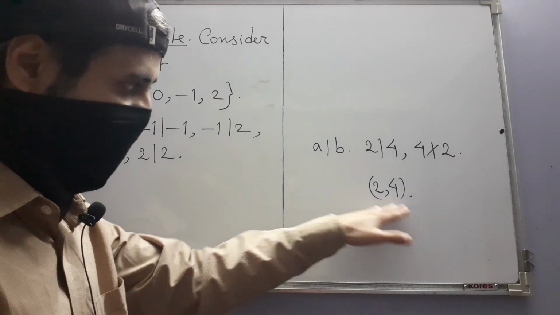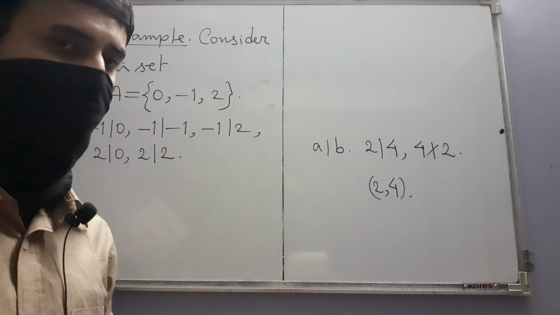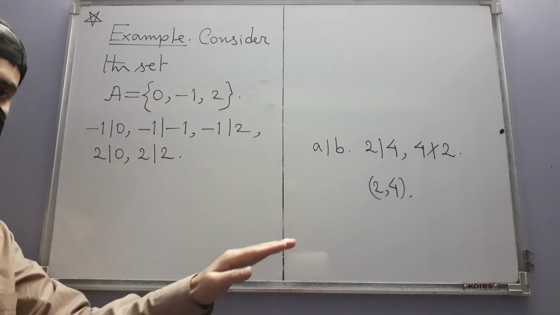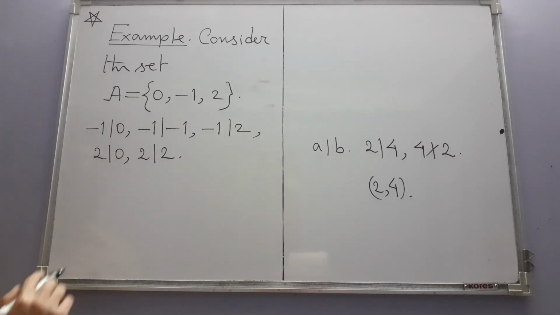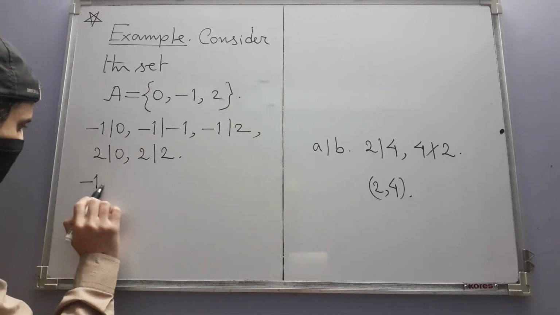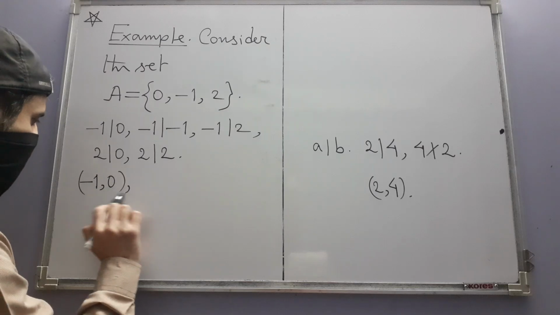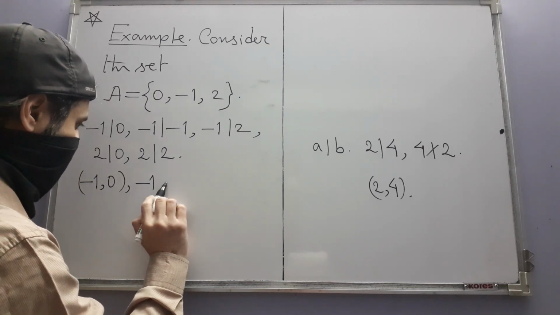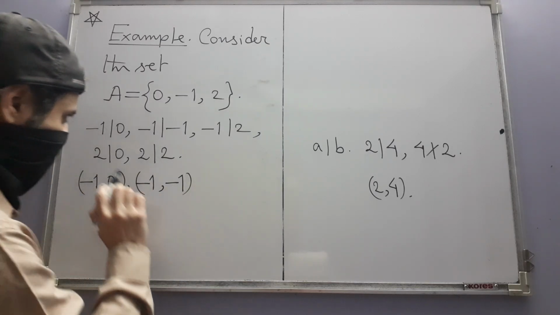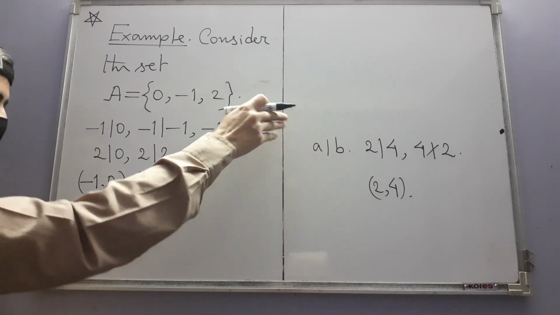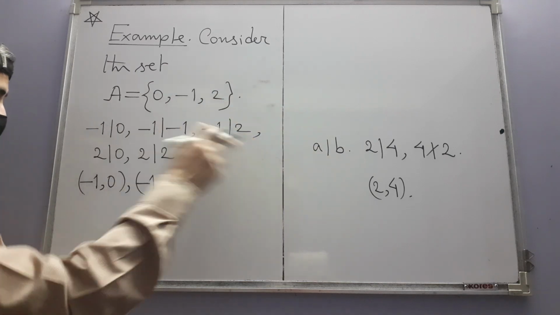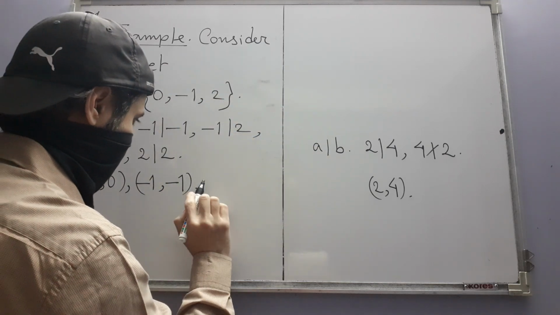If I use ordered pairs in this sense, then these relations are going to look like this. These are, of course, not several relations, but instances of that one relation.